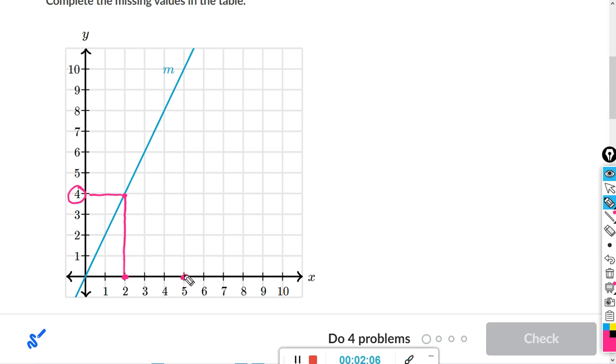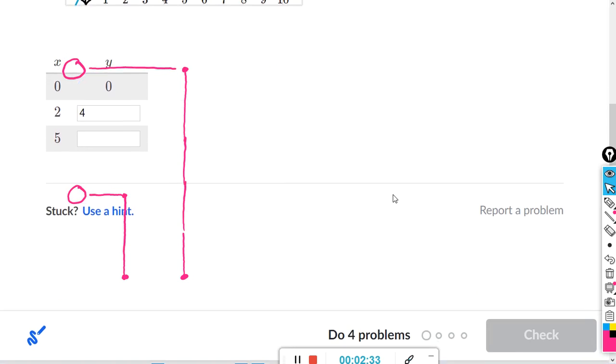Trace that up till you hit the blue line right here. And the Y coordinate for that point, here's the y-axis, Y equals 10. So when X equals 5, Y equals 10 for the line. All right, so just write the 10 in the box.